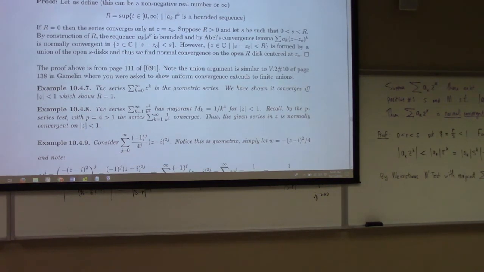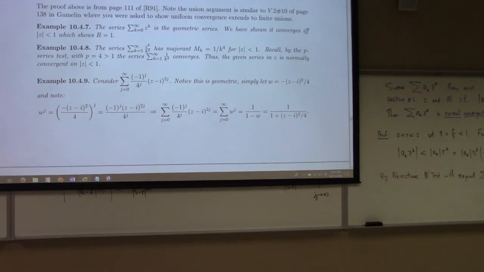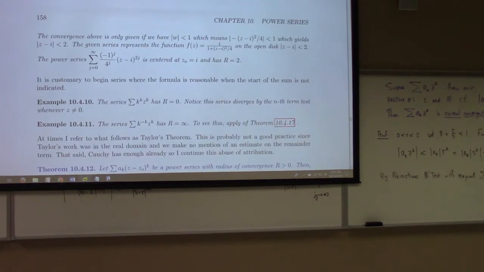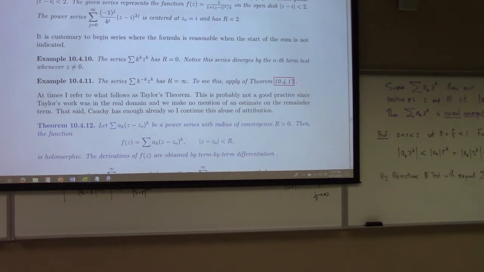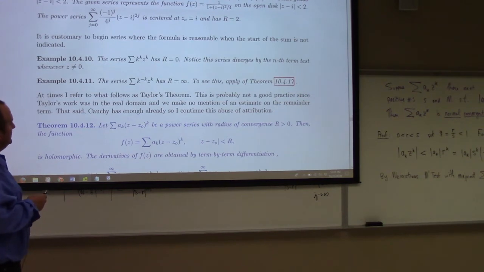Here's another one. It's got a little bit more computational flair to it. These are just some examples of convergence and divergence. This one has radius 0. If you look at this, it's going to diverge by the kth term test if z is not equal to 0.